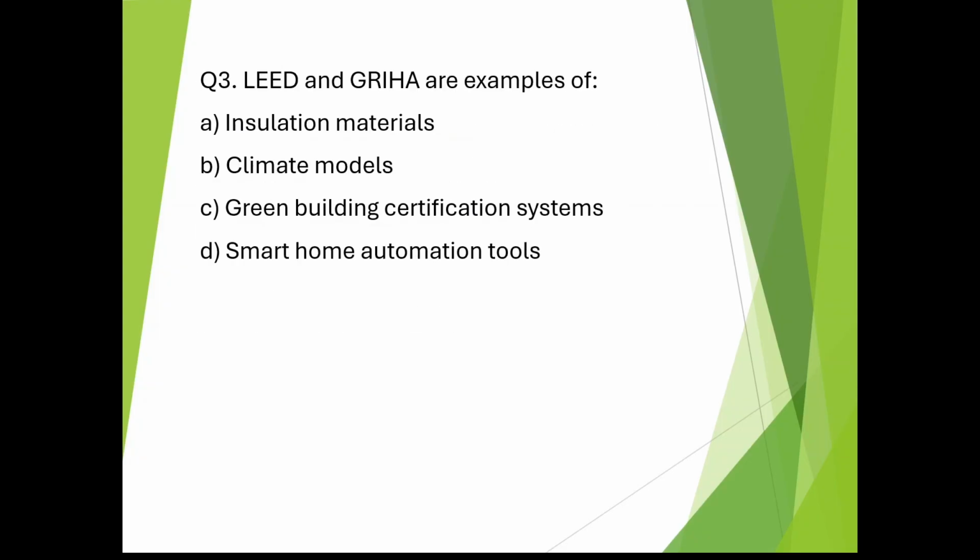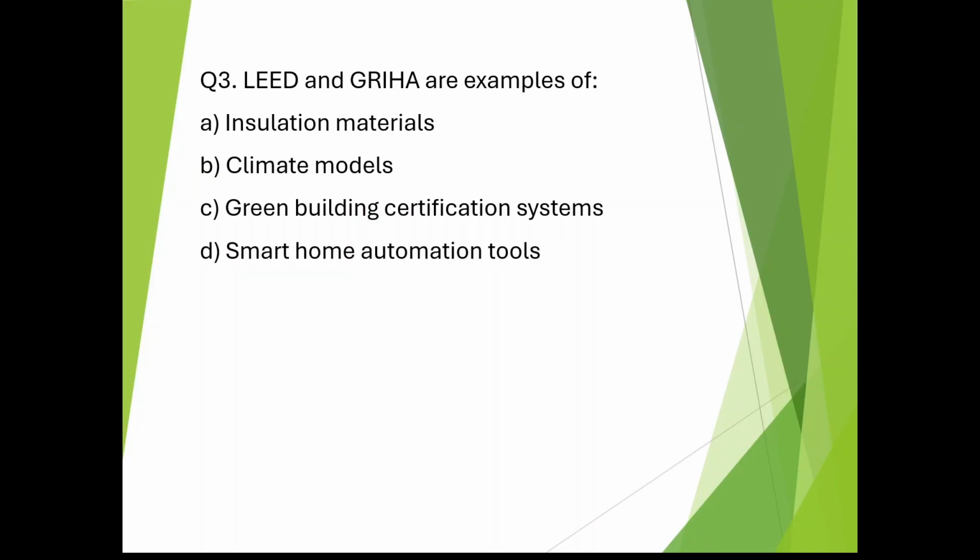Question number 3. So you must have studied about LEED and GRIHA. They were discussed in the lecture, and they are the examples of what? They are the insulation materials, or they are the climate models, or these are the green building certification systems, or they are the smart home automation tools.